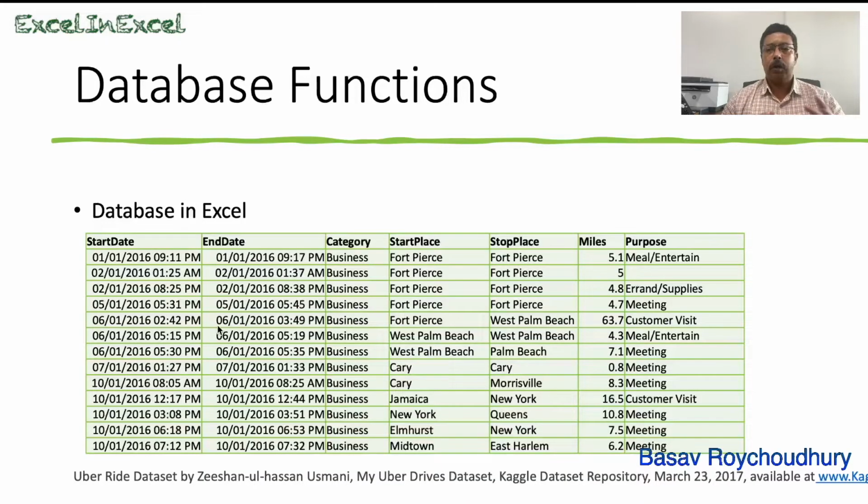When we talk of a database, the data must be arranged in rows and columns. Of course, that's true for most spreadsheets. But the first row of the database must have the names of the columns, or rather the names of the fields. So we have a field called start date, end date, category, start place, stop place, miles, and purpose.